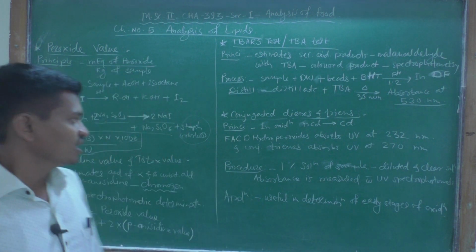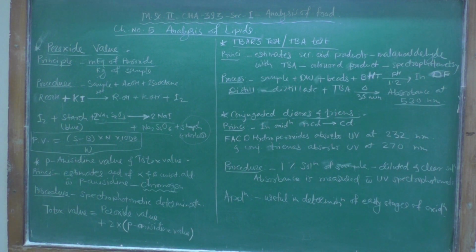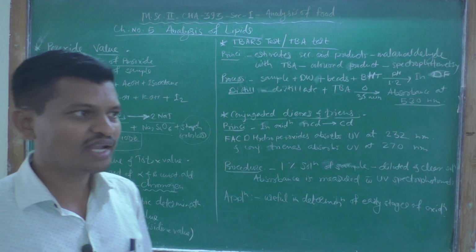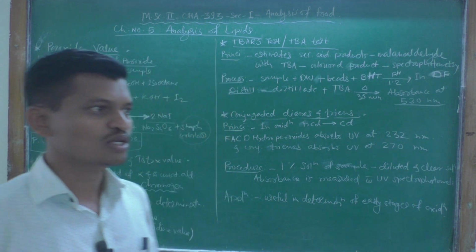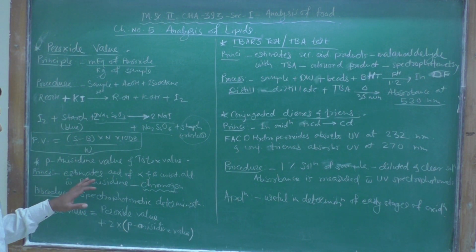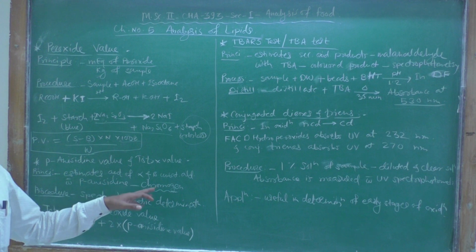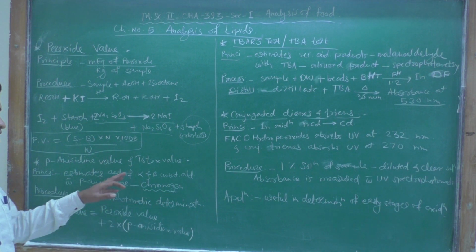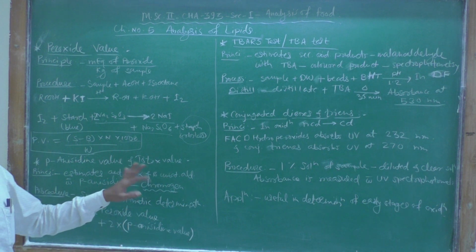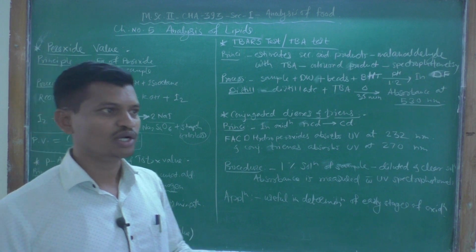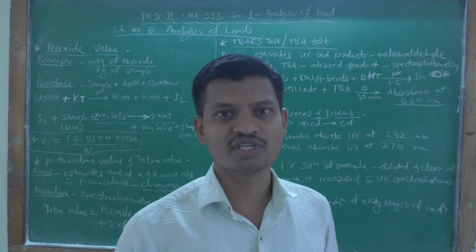Now the next analysis is the para-anisidine value and Totox value. So what is this para-anisidine value? This value estimates the amount of alpha and beta unsaturated aldehydes which are formed during the lipid oxidation process.